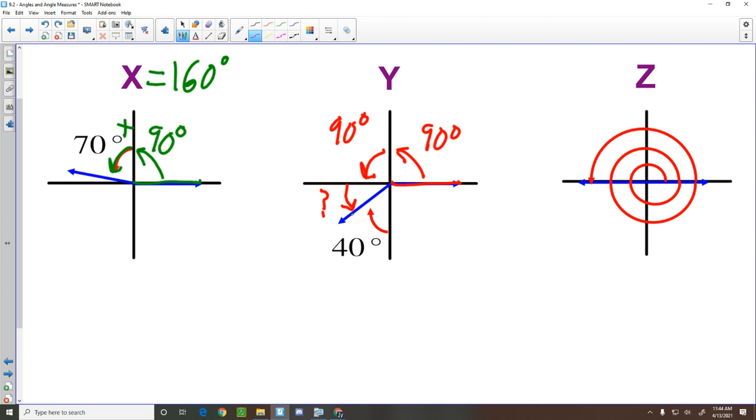I do know that from here down to there is 40. This entire quadrant is another 90 degrees, but it's 40 degrees less than that. So if I subtract that 40, I get 50. So this amount of rotation here is another 50 degrees.